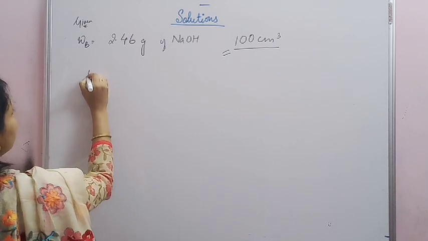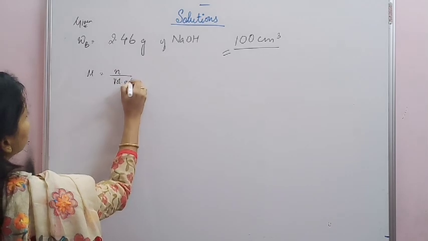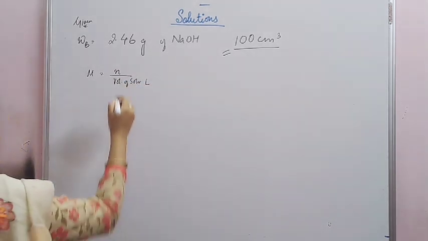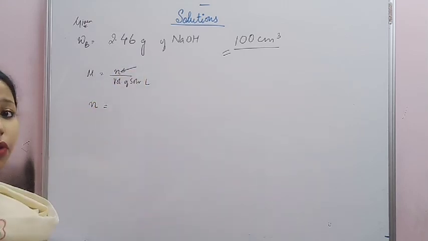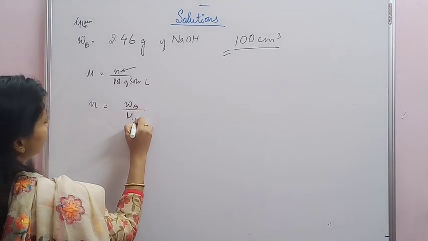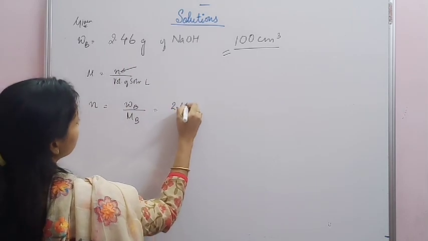Now, for molarity, it is number of moles by volume of solution in liters. To find out the number of moles, I hope all of you remember the formula is given mass by molar mass. Given mass is 2.46 gram.